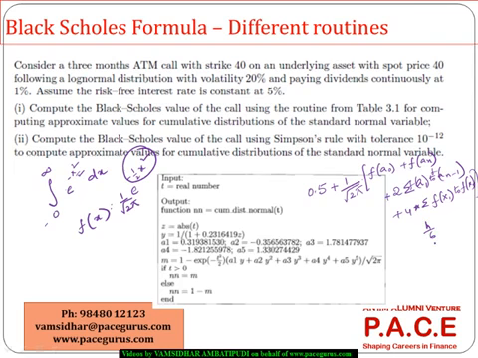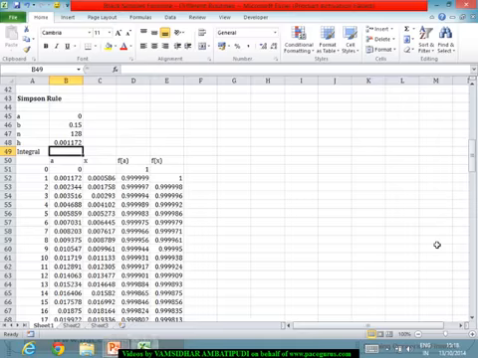So that is the typical formula with respect to the cumulative normal distribution function.